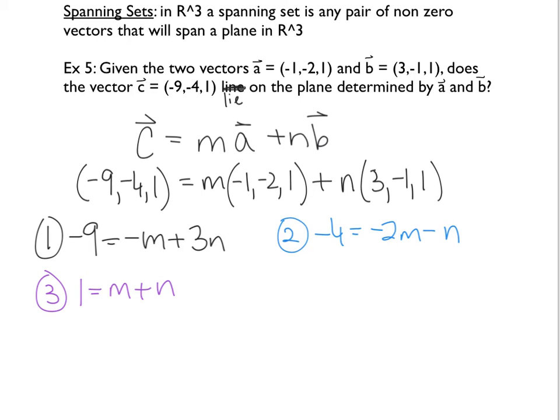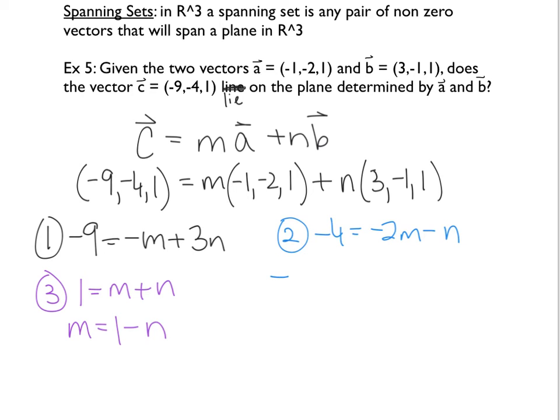We can isolate for m. Doesn't matter what you isolate for. So it's going to be 1 minus n. And now take that, and we can substitute that into equation 2 because it's right there.